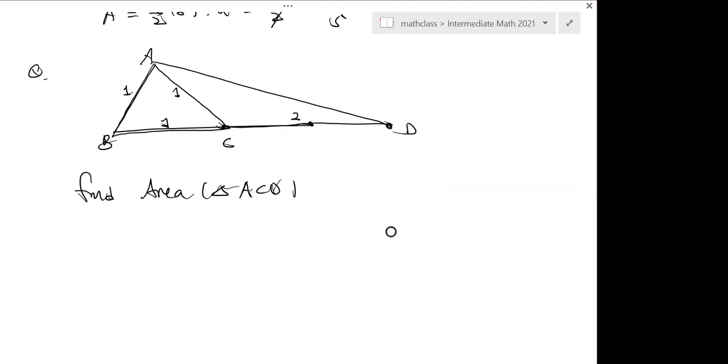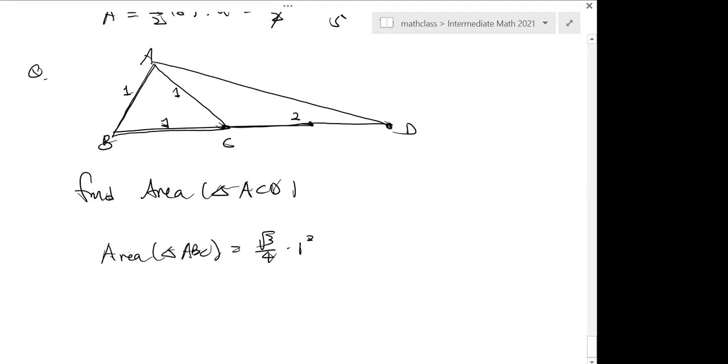Let's do this problem. First of all, we already know the area formula for the equilateral triangle. So the area of the triangle ABC, if you remember the formula, is square root 3 over 4 times 1 squared. If you use that formula, it's great.